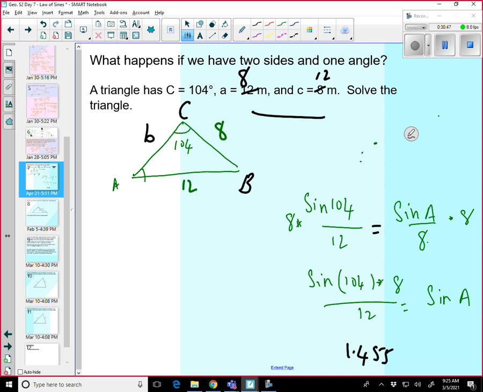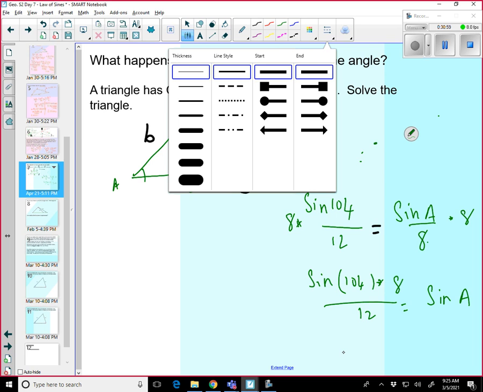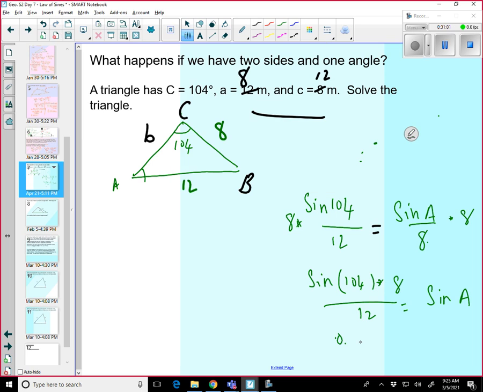That gives us 0.647. Side A equals 0.647. Okay, there was an error in the problem. Make this 8 and this 4. Equals sine A. Now you can use the inverse trigonometric function and find the value of A.